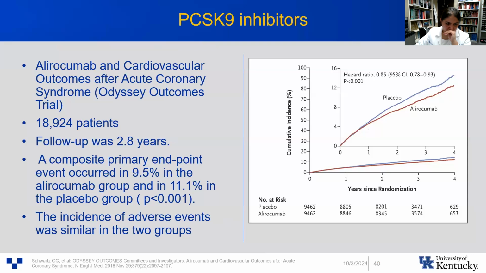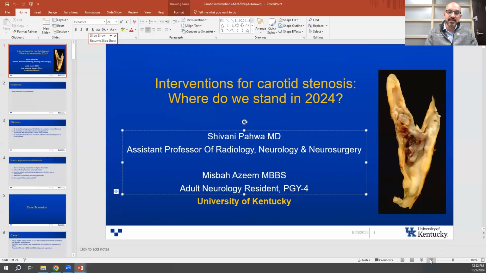As of 2015, we have new agents on the market as well, especially for people who are allergic or have adverse effects to the HMG-CoA reductase inhibitors. We now have the PCSK9 inhibitors, which are powerful agents, alirocumab and evolocumab. The Odyssey Outcomes trial had close to 19,000 patients followed up for close to 3 years.